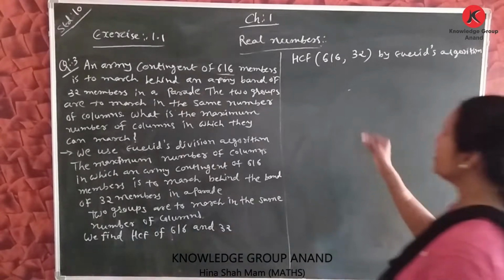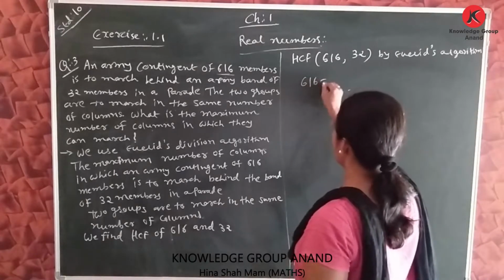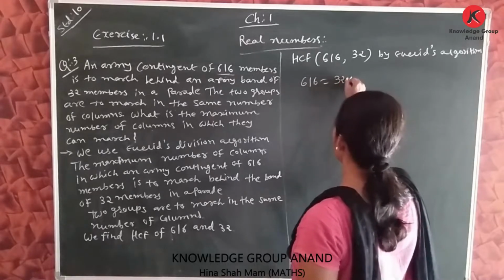Then we write 616 is equal to 32 multiplied by something.